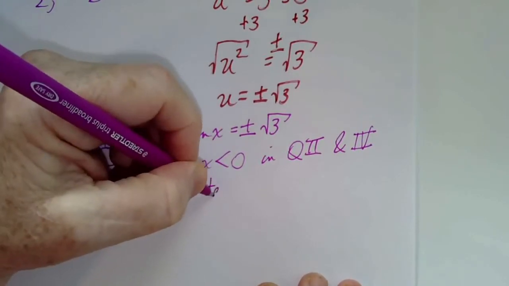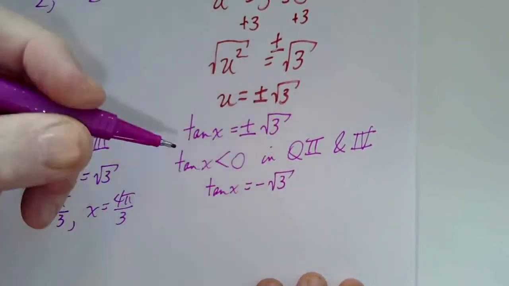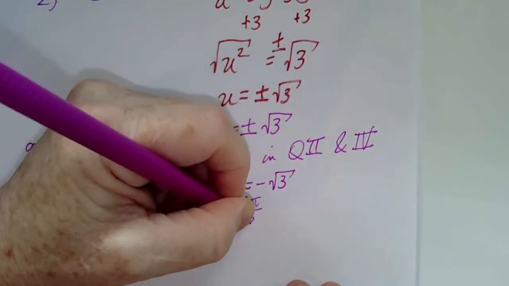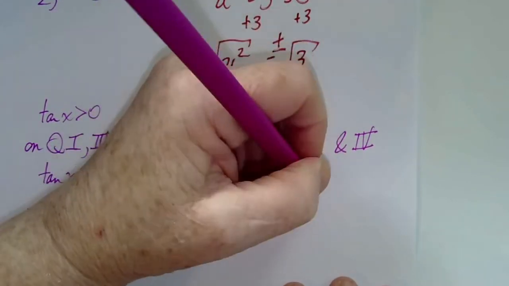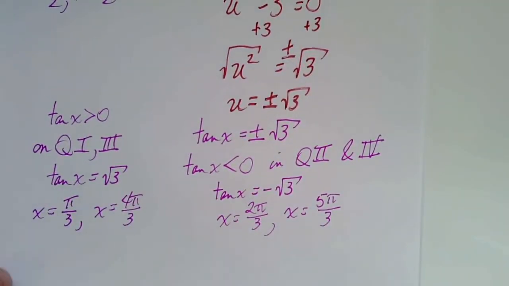So tangent x equals negative square root of 3 has solutions 2 pi over 3 and 5 pi over 3. And now we have lots of solutions.